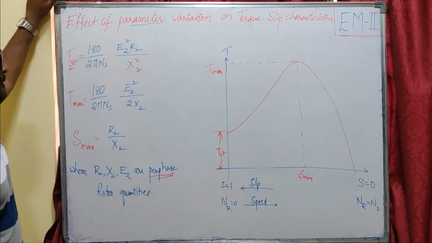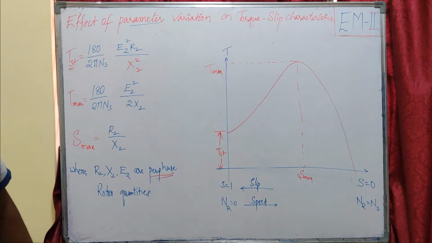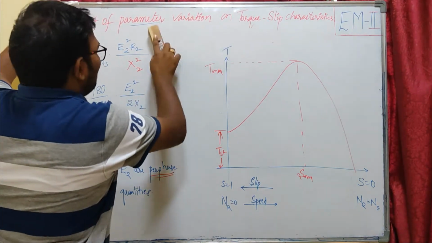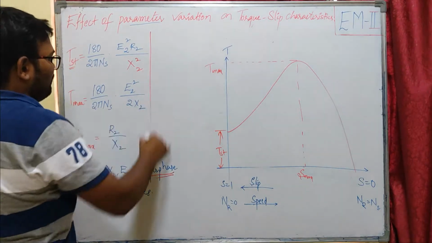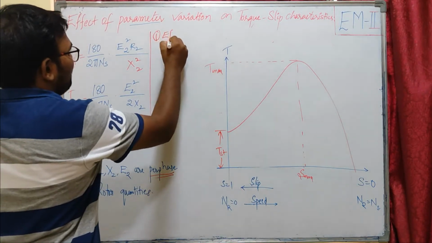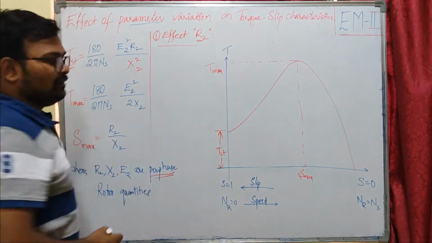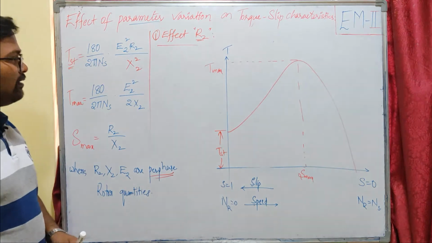Now let us see the first effect, the effect of rotor resistance R2 on the torque slip characteristics. That is our aim here.